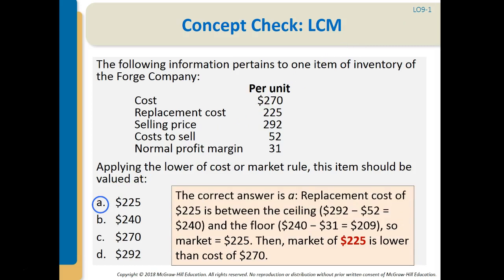The replacement cost of $225 is between the ceiling, which is the sales price minus the cost of goods sold, and the floor, which is the $240 net amount minus the normal profit margin, or $209. Since the market, which is replacement cost, is $225, then market of $225 is lower than the cost of $270.